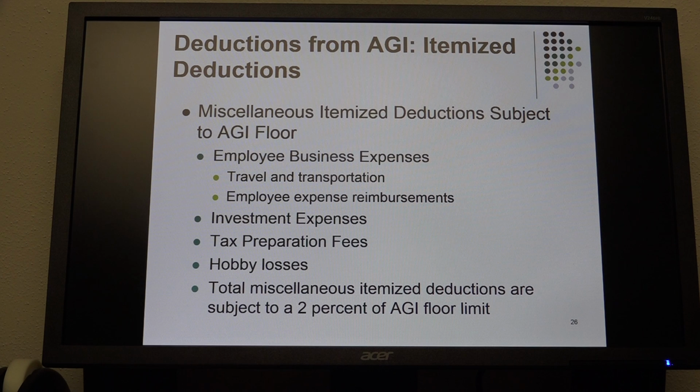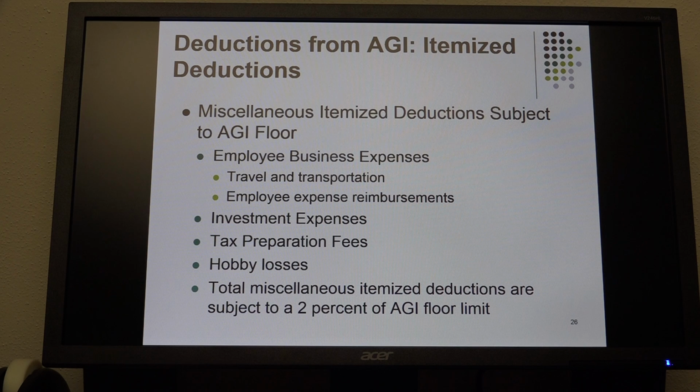And let's say you have your main office and then you have all these other branch offices. Certainly the cost to commute to the main office is a commuting expense and not deductible, but certainly the travel from the main office to these other branch offices would be deductible.